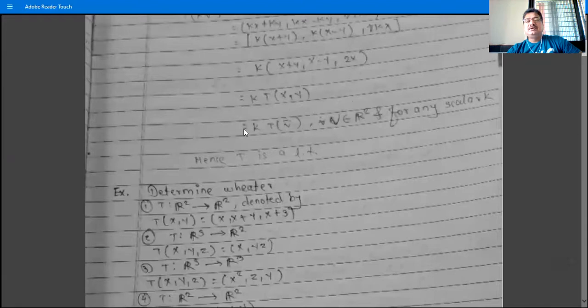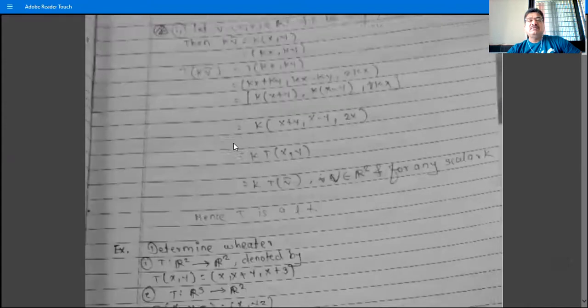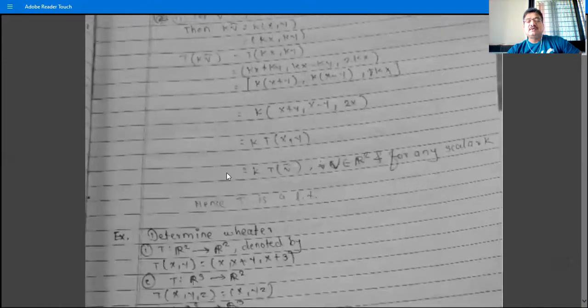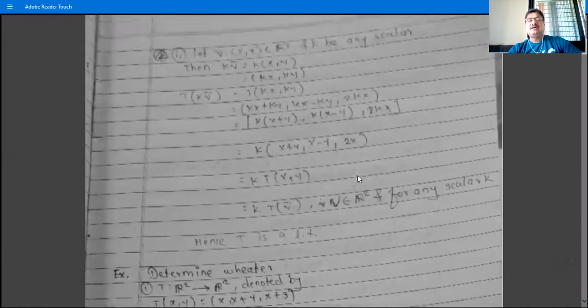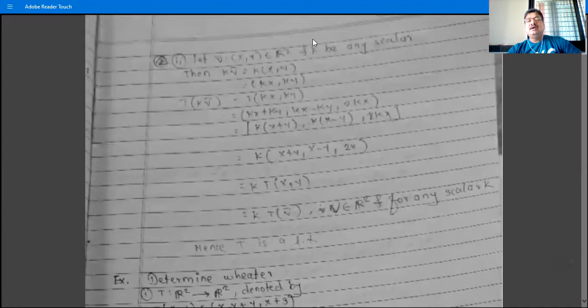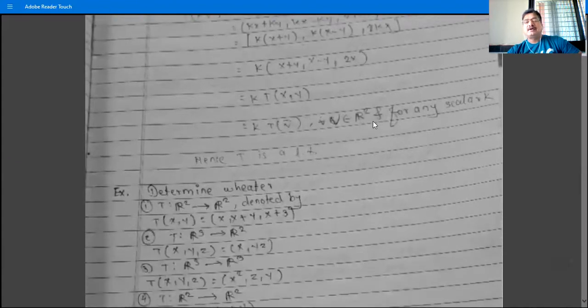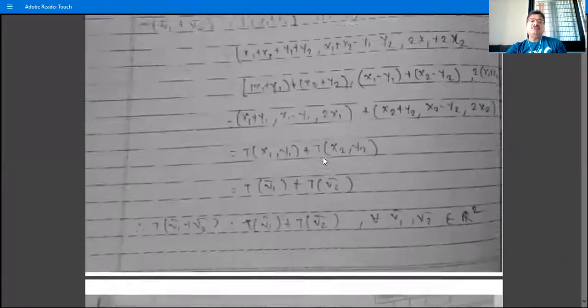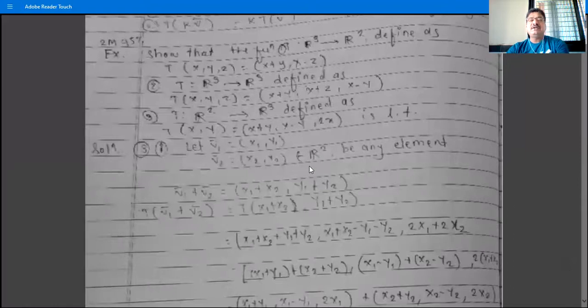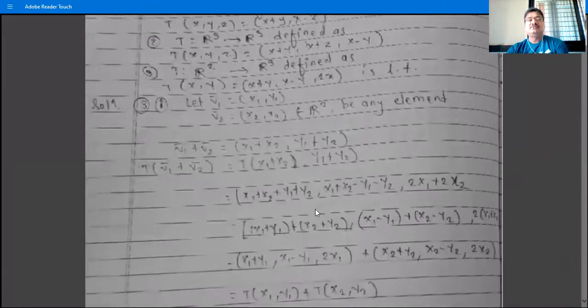So it is kT(v) for all v belonging to R2 and for any scalar k. And that is what we have: T(kv) = kT(v) for all v belonging to R2 and any scalar k, because v is any vector of R2, and it is true for any vector, so it is true for all vectors of R2, and hence T is a linear transformation. So in order to show a function is a linear transformation, we have to show the two conditions.